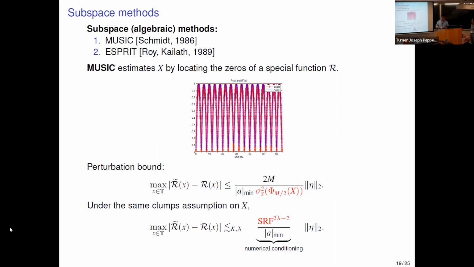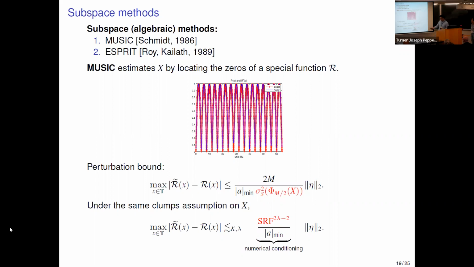So if we want to understand the stability of MUSIC to noise, then we want to examine the perturbation of R. We are able to obtain this L infinity perturbation bound. R tilde is the noisy case, R is the clean function, and in the L infinity norm, it's like this. Again, you have the noise level, you have a bunch of other things, but the important part here is the smallest singular value of these Fourier matrices that appear again.